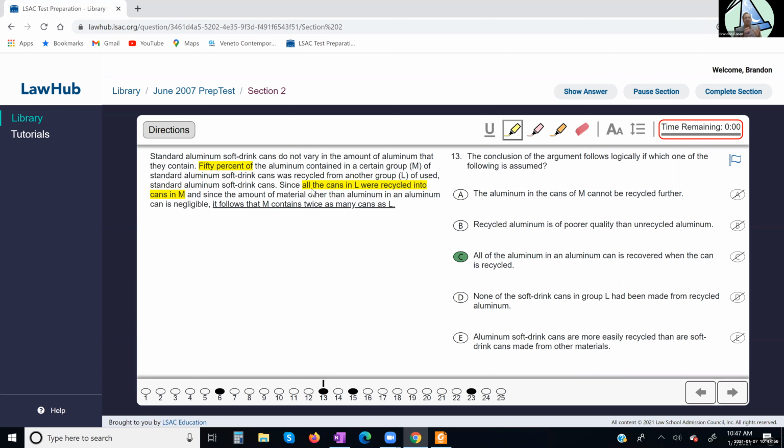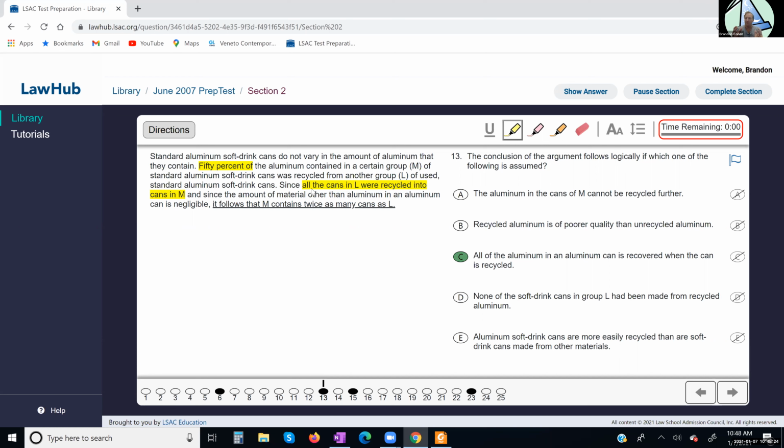So the idea is if you're using 100% of L to build M, and M is 50% L, the twice as many cans comes from the fact that it was 50-50, right? So let's say, for example, 10 cans are owned, by ownership as opposed to building, and that's going to get into the heart of this.